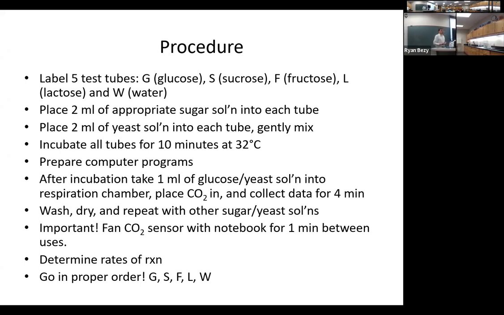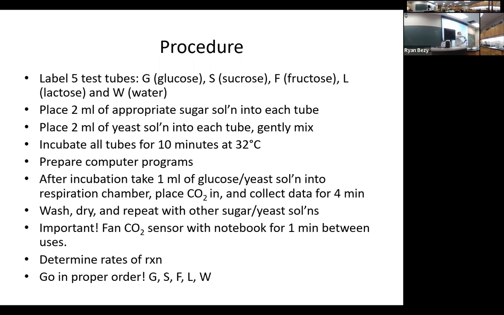And after the incubation, you're going to start assaying the rate very similarly to what you have done in the previous lab. The Vernier programs, now with the CO2 sensors, the Nalgene bottles. What you're going to do is after the incubation period, you're going to mix it. Make sure you mix it. You might have to invert the tube real quick. You've got the little parafilm pieces out there to help you with the inversion.